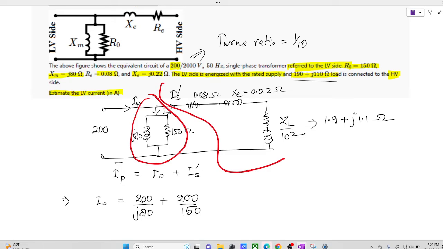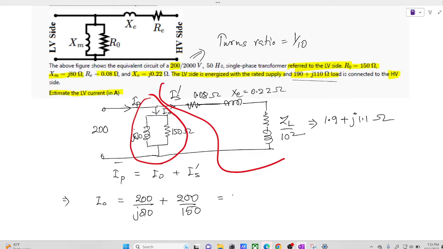So what do you get? I naught, please solve and tell. Sir, how do we come to the turns ratio? It's the formula N1 by N2? See, not just N1 by N2.